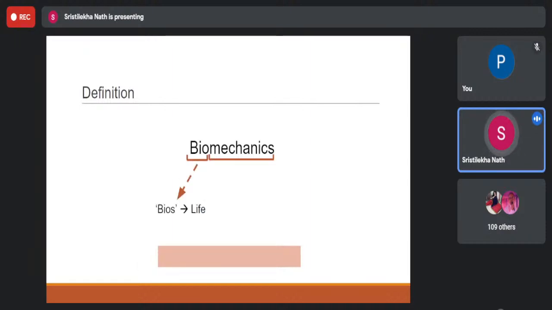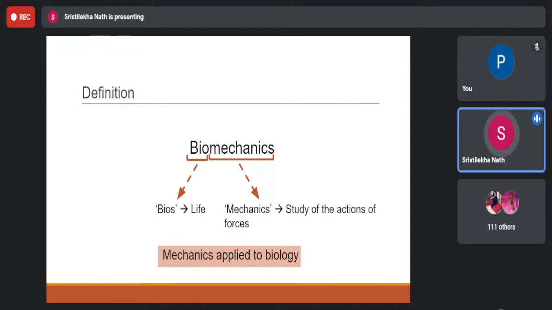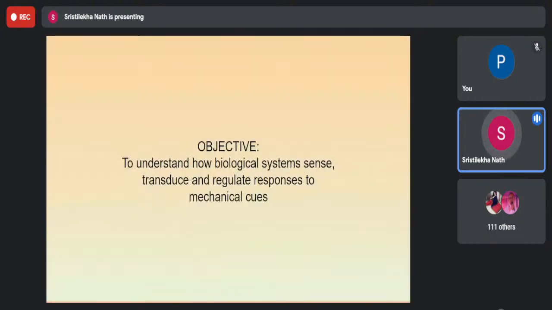Bio means life, and mechanics deals with the physical forces, the action of forces upon any physical body. So biomechanics is the mechanics that is applied to biology. That means to conclude how different mechanical forces can help shape an organism if we consider it from the biological point of view. This is the main motive of studying biomechanics.